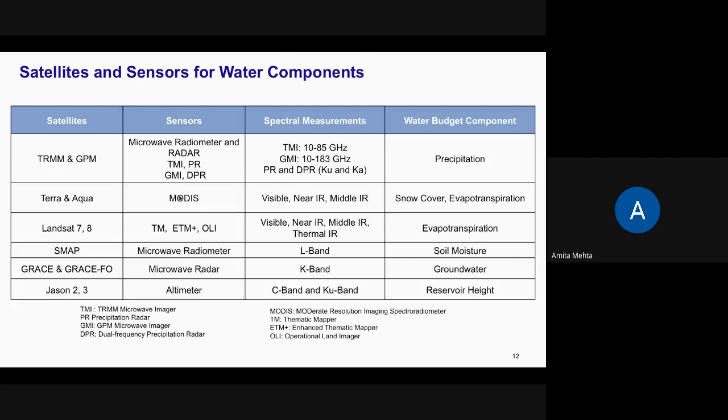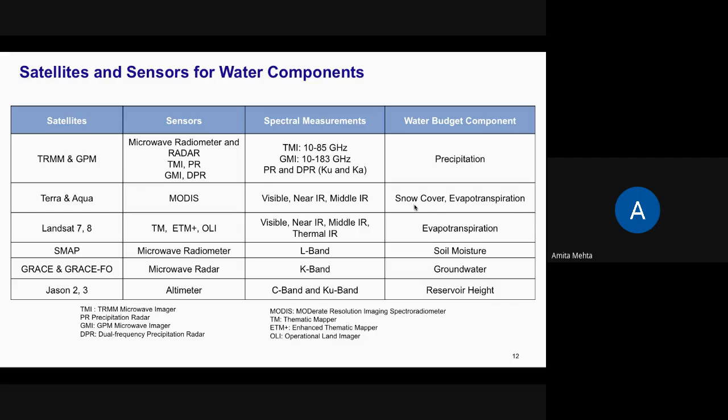Terra and Aqua MODIS, which a lot of people in India use, is the moderate resolution imaging spectroradiometer. It's a versatile instrument with visible, near infrared and middle infrared measurement. So it's used for land, atmosphere, ocean, and all the different bands can be used for that.